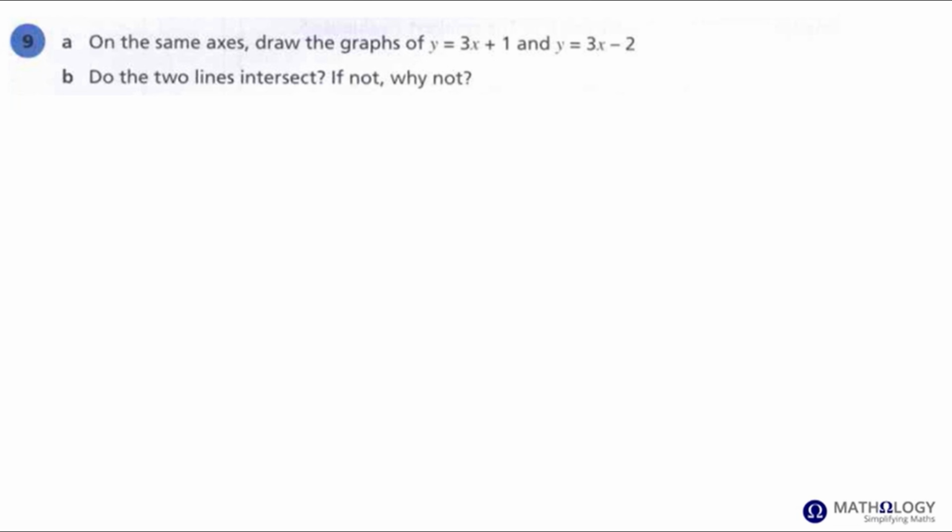On the same set of axes, draw the graphs of y equals 3x plus 1 and y equals 3x minus 2. Okay, I'm going to leave the table method for you to do. Choose 5 values of x, and then find the corresponding values of y, plot the 5 points, and draw a straight line through those 5 points for each graph. To draw the graphs here, we're going to use the dual intercept method.